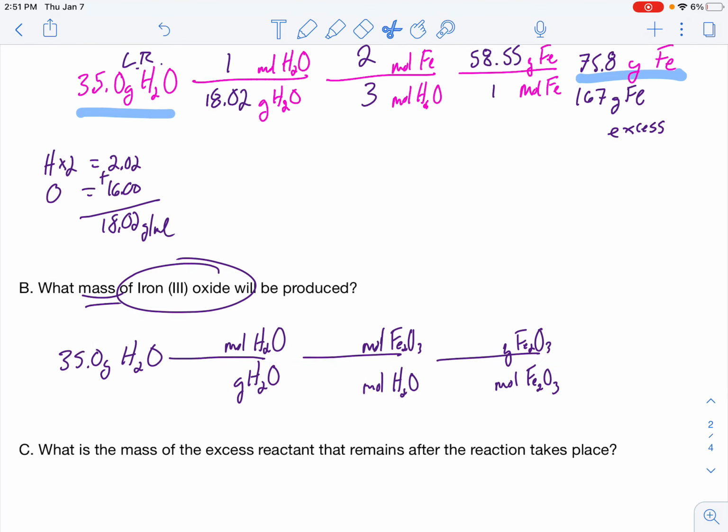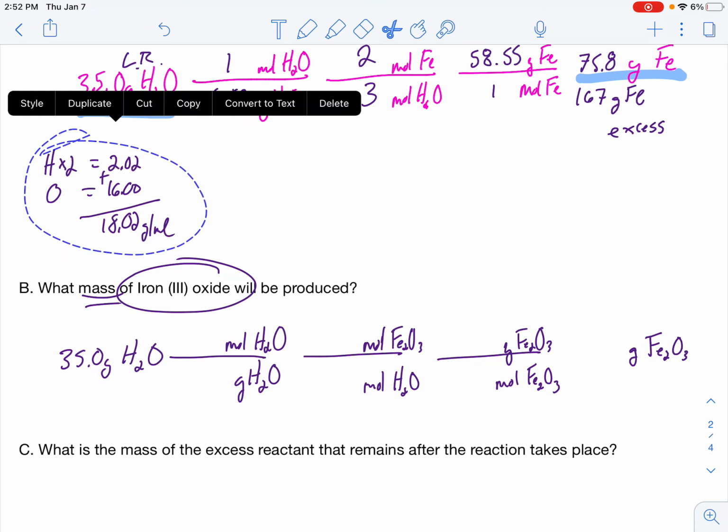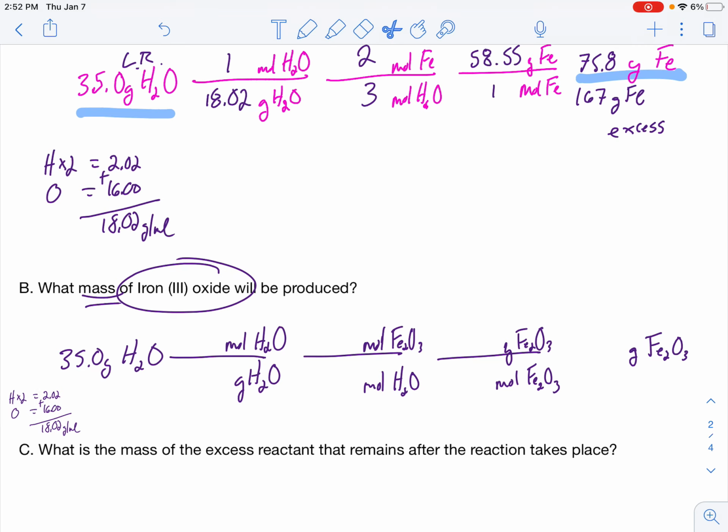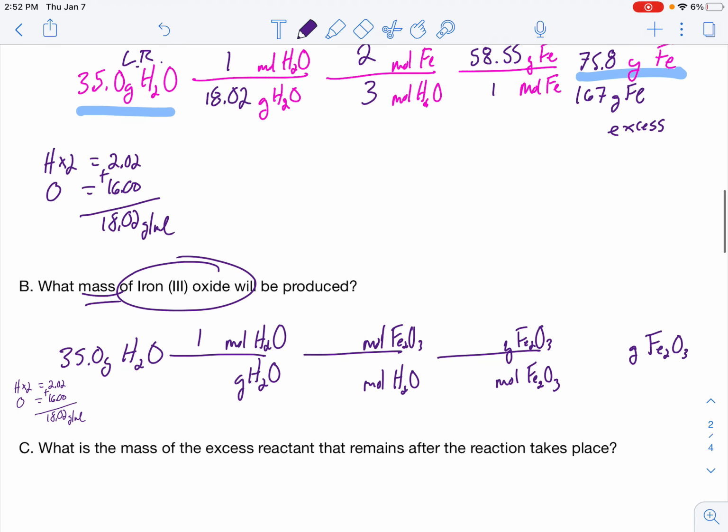I'm going to scoot this a little bit this way to get room for my final answer, which should be grams of Fe2O3. I've already done my work up here once. I could duplicate it, make it a little bit smaller, and throw it over here so everybody has that mass, and I'll have my 1 mole is 18.02 grams.